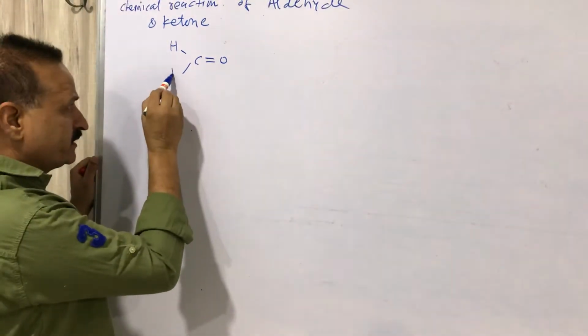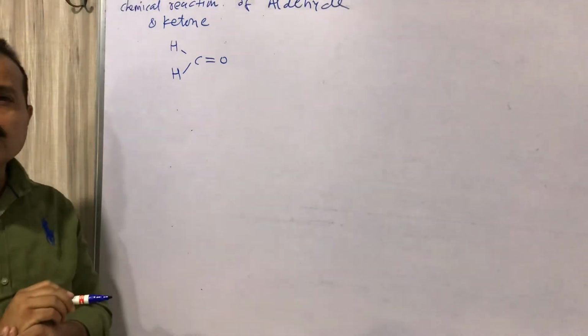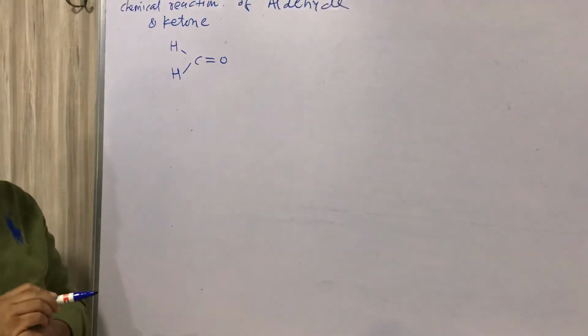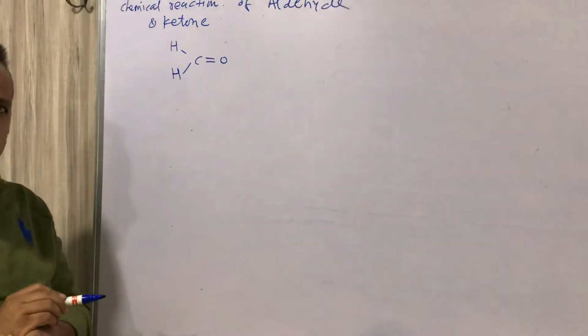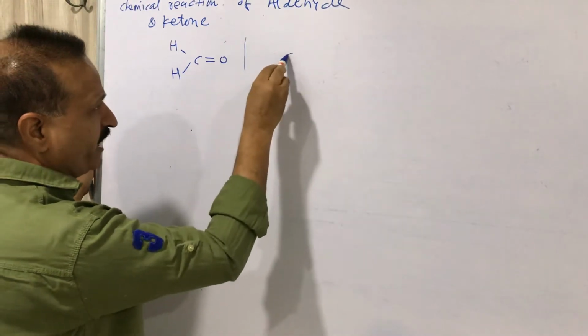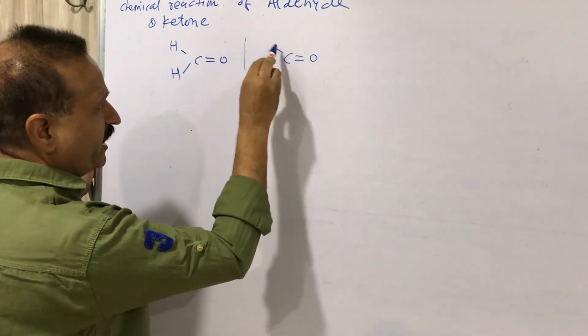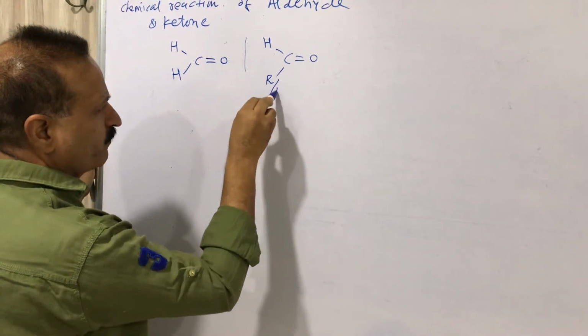If we are discussing formaldehyde, then there will be two hydrogens present and a double bond between carbon and oxygen. If we are discussing aldehydes except formaldehyde, then we have one hydrogen and one alkyl group or one aryl group.